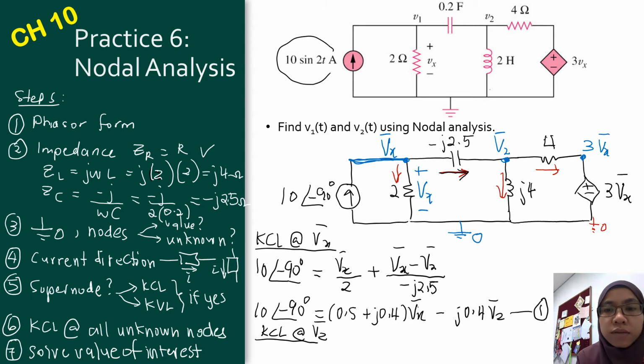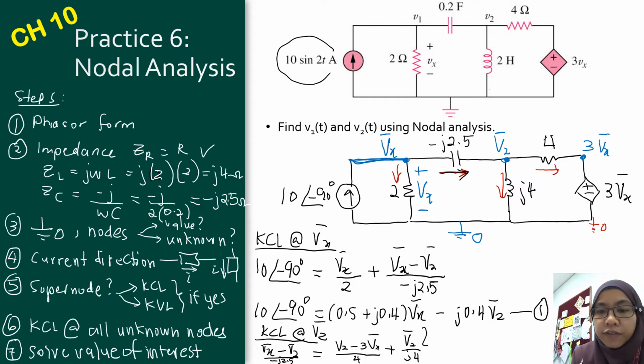KCL at V2: Vx minus V2, this is current entering, divided by minus j2.5, equals V2 minus 3 Vx divided by 4, plus V2 minus 0 divided by j4.